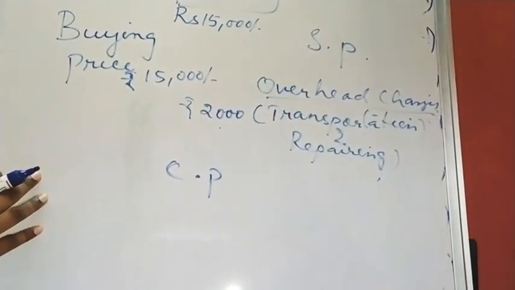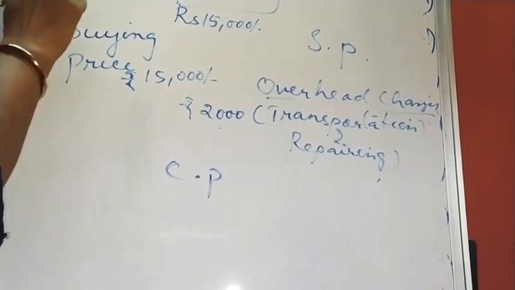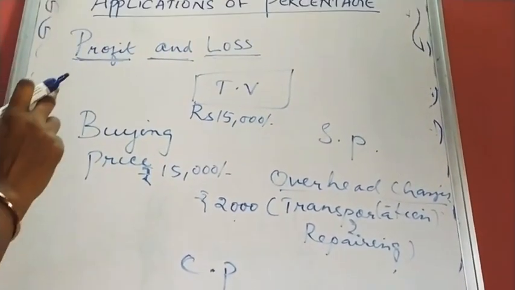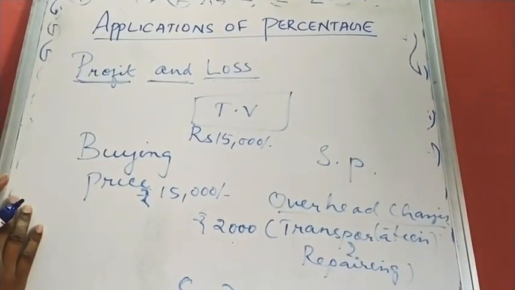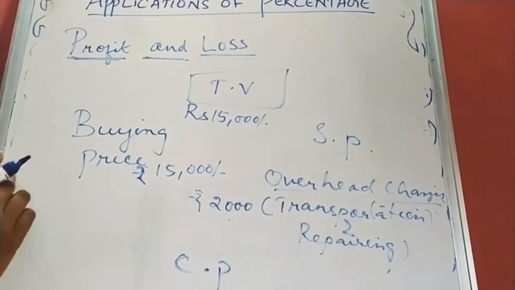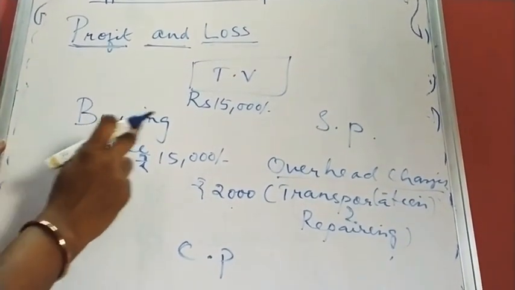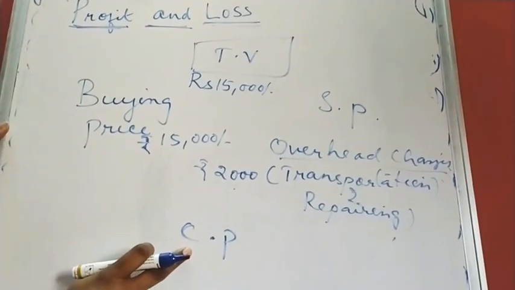Let me repeat once again. Before going into the applications of percentage on profit and loss, we need to know certain things like the buying price, the selling price and the cost price.